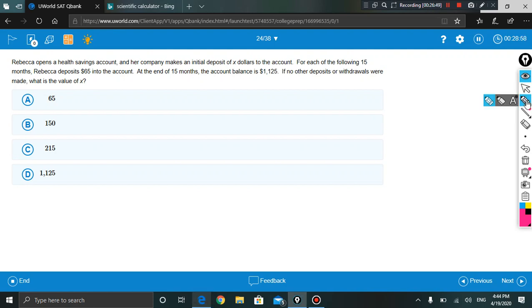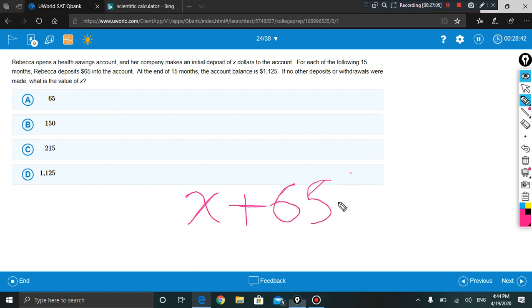No, okay. This one should be easy. So if she starts with x as an initial deposit, and then she deposits 65 for each of the following 15 months. So 65 for each month for 15 months. So we can say 65 times 15, and the result is 1125.